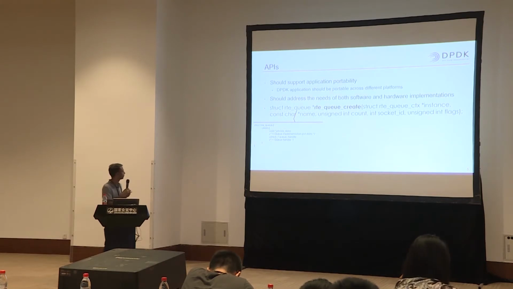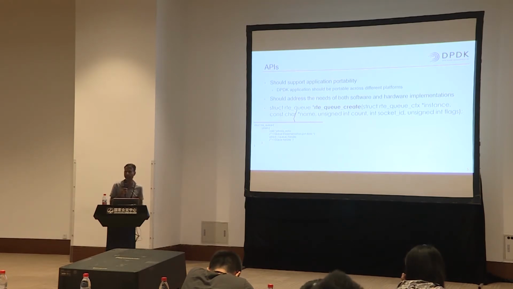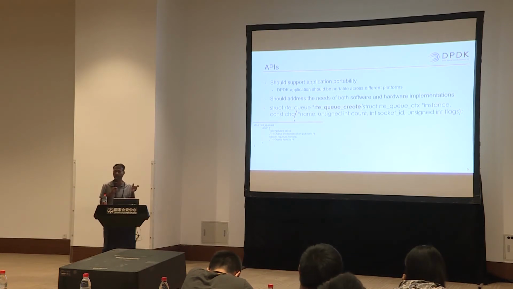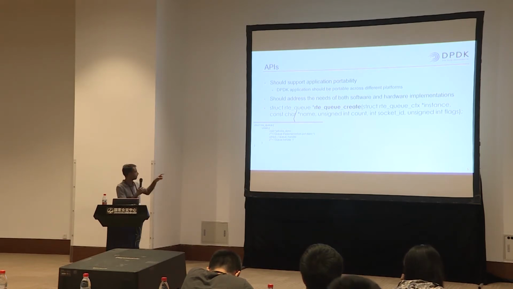I have made it a union of private data and an integer. In some of the hardware, the queue ID is nothing but a 64-bit integer. Or it could be that you want to have your device and maintain some data along with it. So this structure would support both of them.